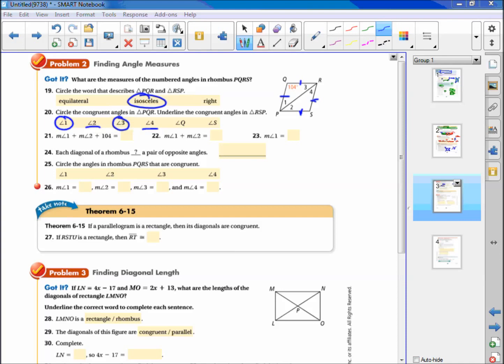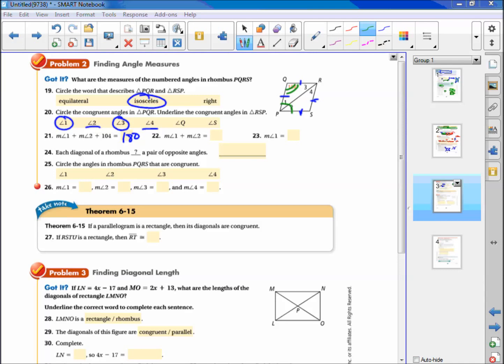So the measure of angle 1 plus the measure of angle 2 plus 104 should be 180. And that's because this is a parallelogram, so consecutive angles should be supplements of each other. So 1 and 2 and 104 are going to make 180 total because 1 and 2 are supplementary with the 104.